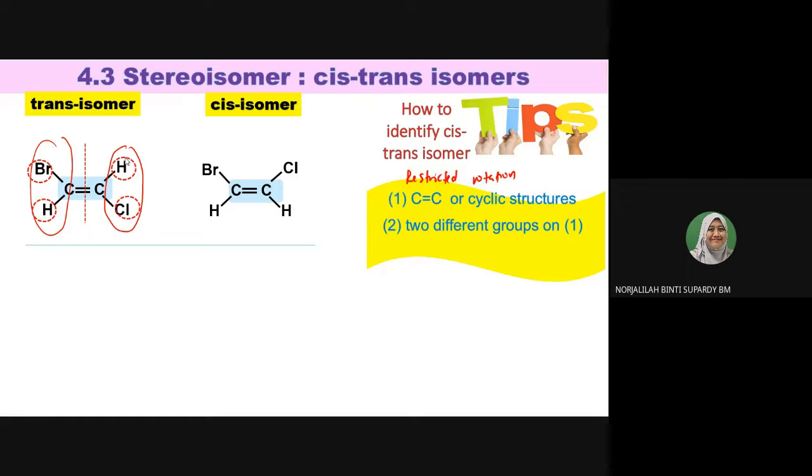So the same goes to the structure. If the hydrogen, or any other atom, is at the opposite side, similar for both of the restricted carbons, we can say that it is on the opposite side.